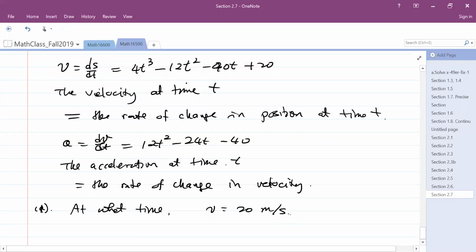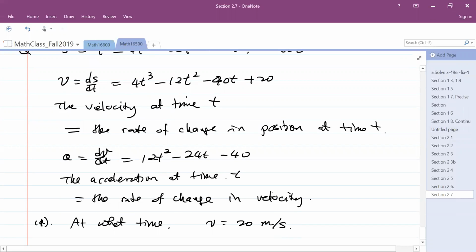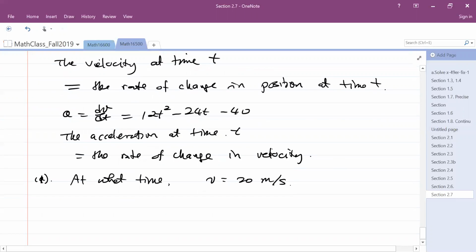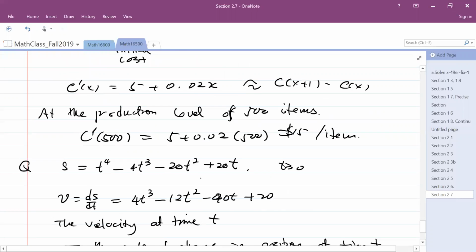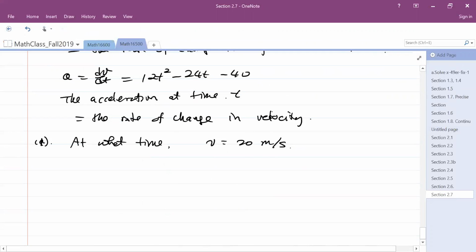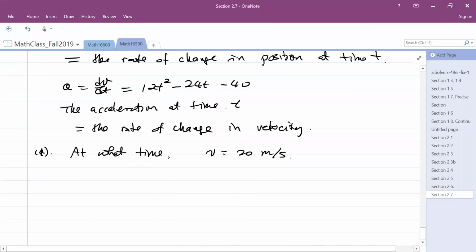Our position function here is in meters, and the time is in seconds. So S is in meters, t is in seconds, and the velocity units will be meters per second.